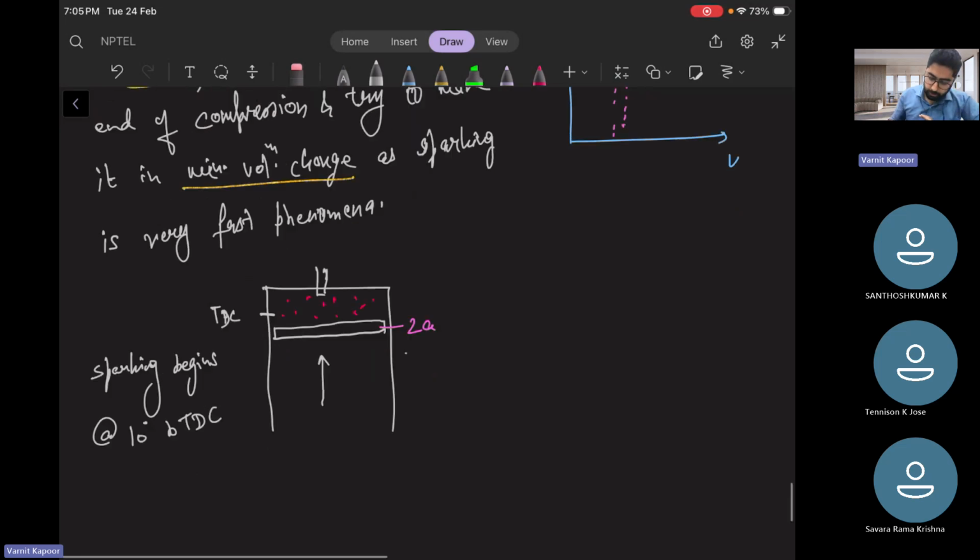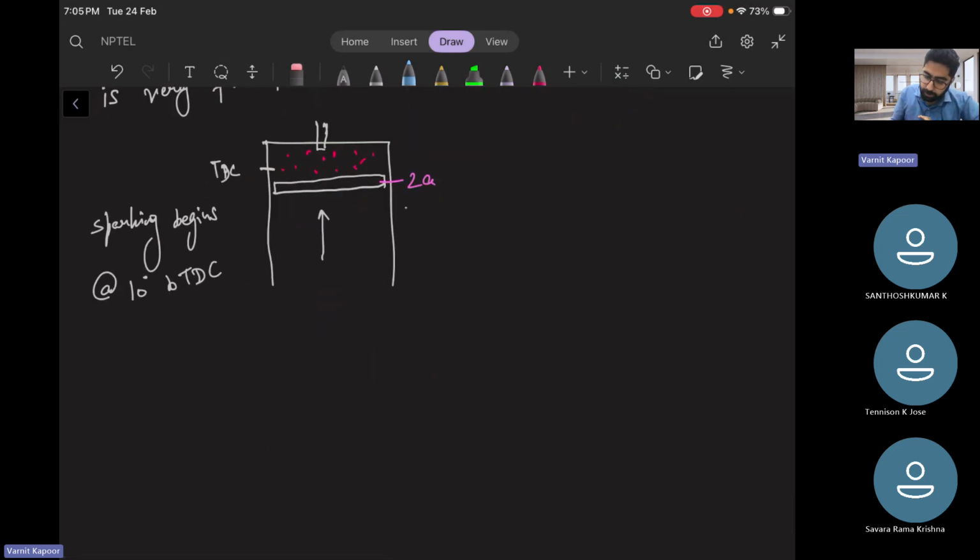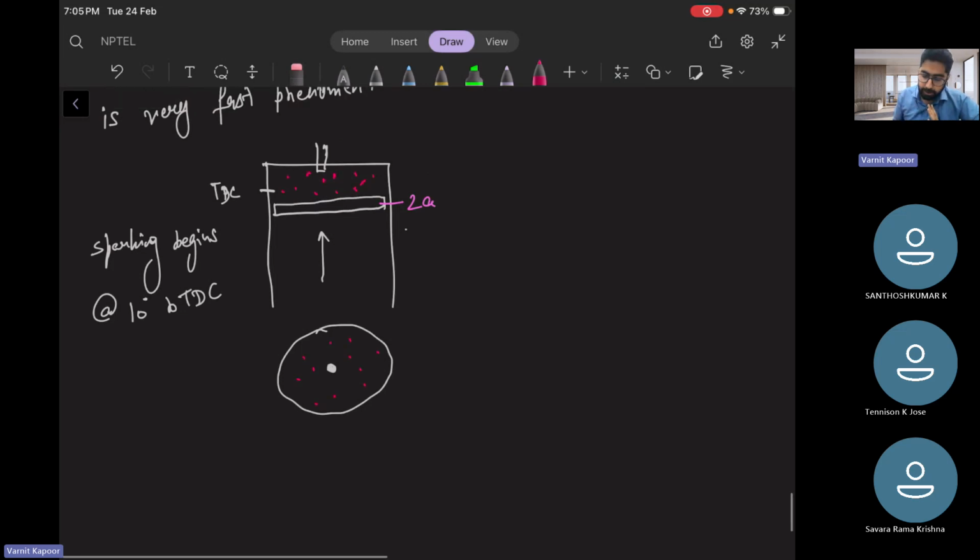Okay, so what is there? If you try to see the cylinder from the top, what is happening in this cylinder? The spark plug is here. Whole of the fuel is currently at a very high temperature state and just ready to ignite, and you just immediately provided the spark.